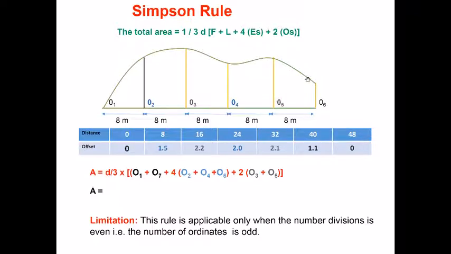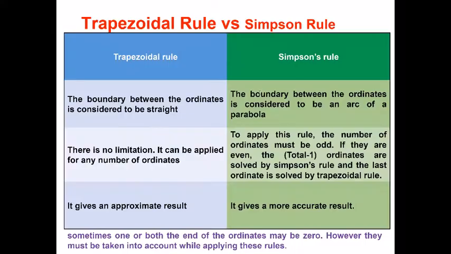So if we have a question in which we have an even number of ordinates, we can solve up till this point, so this much area, with Simpson's rule, and then for this last strip, we can use either trapezoidal rule or the mid-ordinate rule, and add the area of this remaining strip to the area calculated for the rest of the curve. So trapezoidal rule gives an approximate result, and Simpson's rule is more accurate.